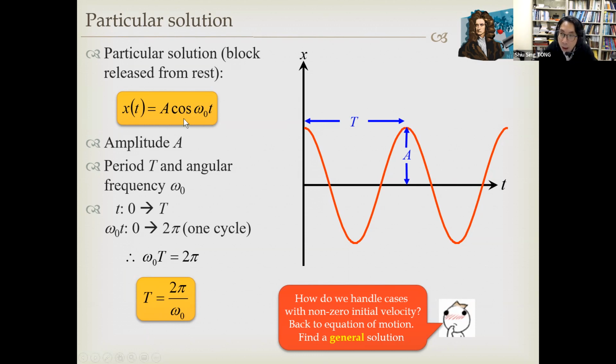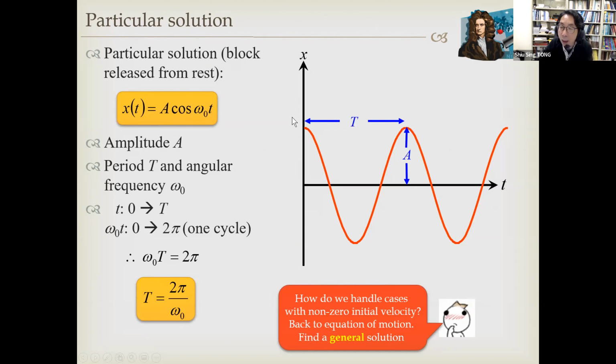Now, this solution is just for the special initial condition where the block is released from rest. We stretch the spring and release the block from rest, and that would be the solution, right? But how about if I do not release the block from rest?